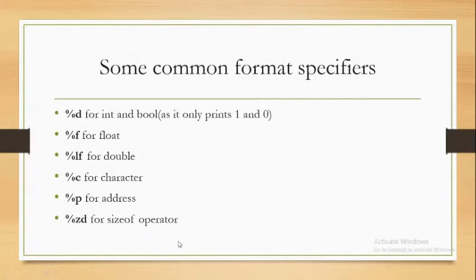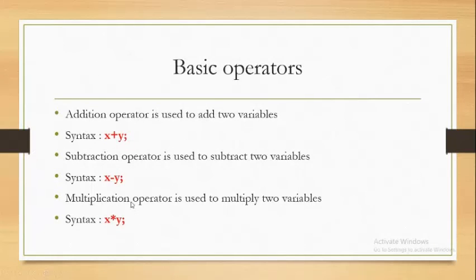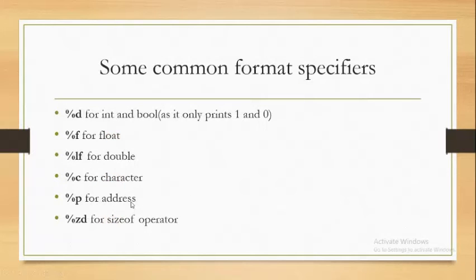Like while you're working with pointers, you need to print out some address. And %z for size of operator. We will know about the address in the later part of the course, and about size of operator in the next video. Okay.